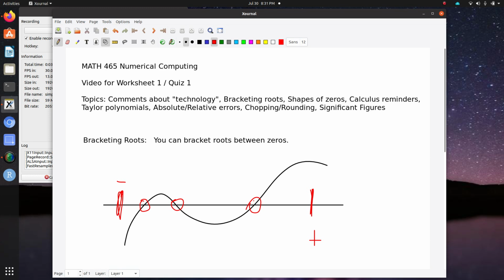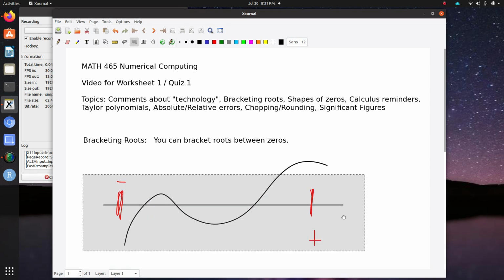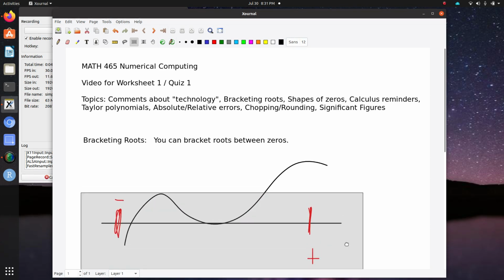So it would have to be an odd number of zeros. Well, what does that mean in terms of what if you touch down and turn around?